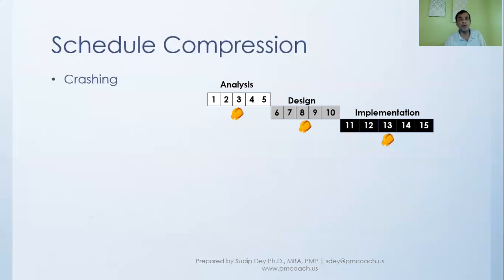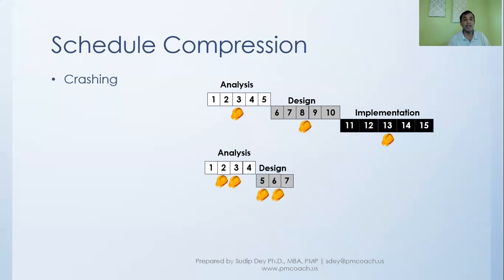And we are using, just as an example, one person for analysis, one person for design, and one person for implementation. Now, when we crash it, what will probably happen is we'll put 2 persons in analysis, and it finishes in 4 days.